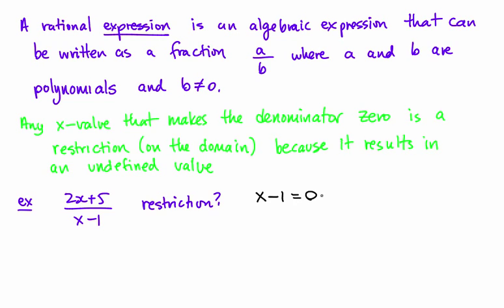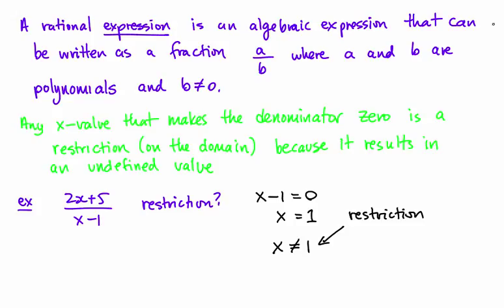We don't want it to be equal to 0, so to find out when it is, set it equal to 0 and solve this little piece of algebra by adding 1 to both sides. So x equals 1 is the restriction on the domain. In fact, often we say x cannot be equal to 1.